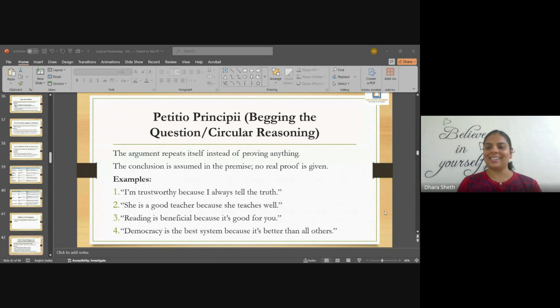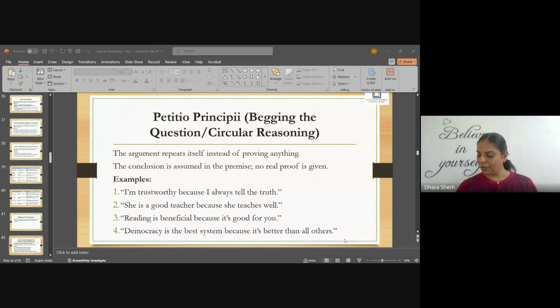Why are stars in the sky? Stars are there in the sky because stars are there in the sky. This is called circular reasoning. Democracy is the best system because it is better than all others, which again, being better than all others means best. Clear with this?